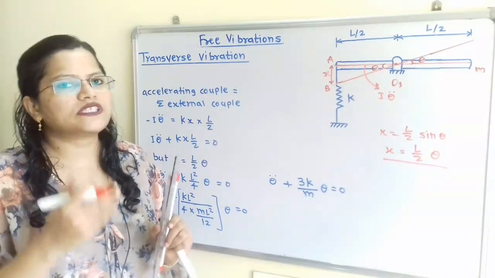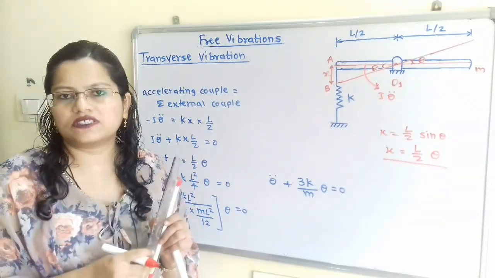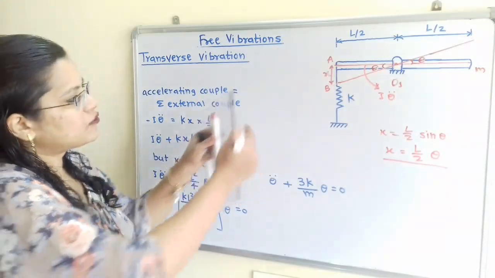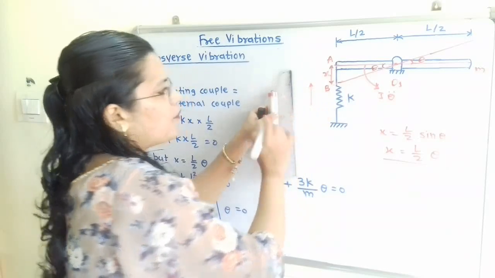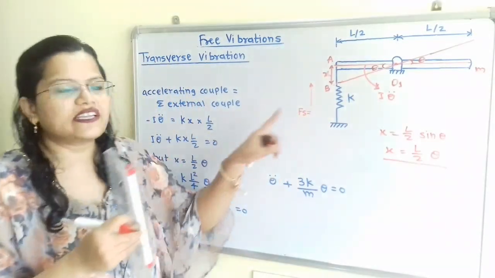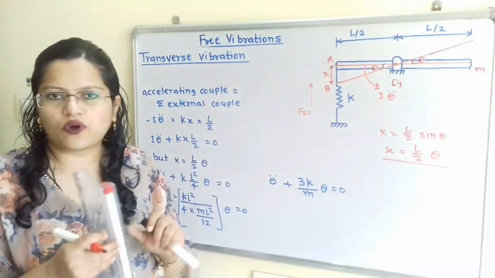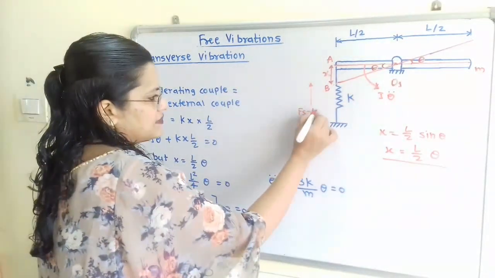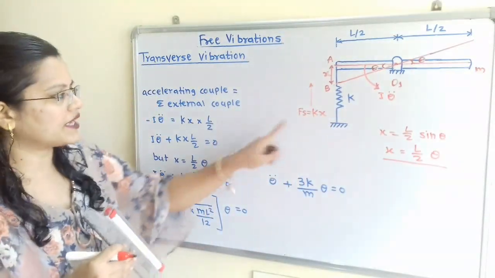In the opposite direction of this compression, the spring force activates. So we show this spring force Fs in the opposite direction. How can we define this spring force? That is stiffness multiplied by the compression x, that is Kx. So Fs is equal to Kx.